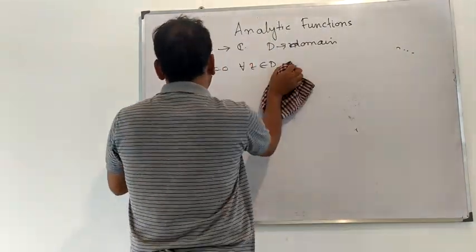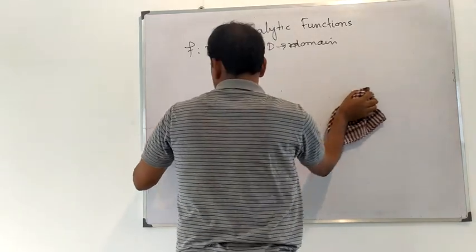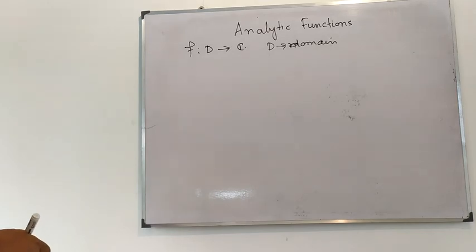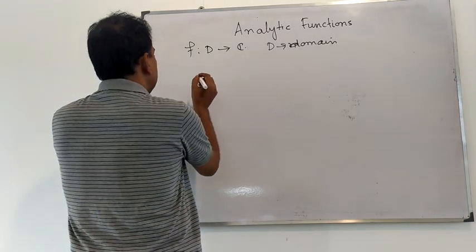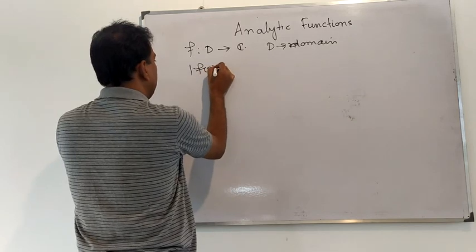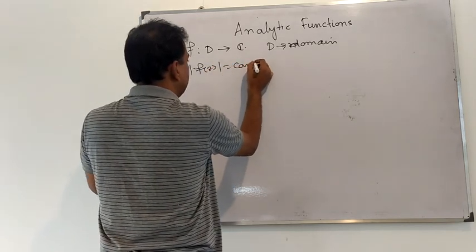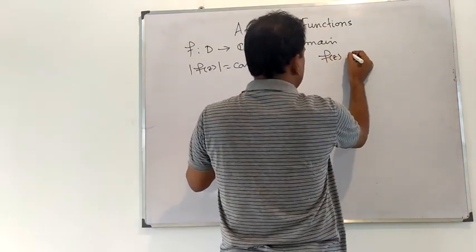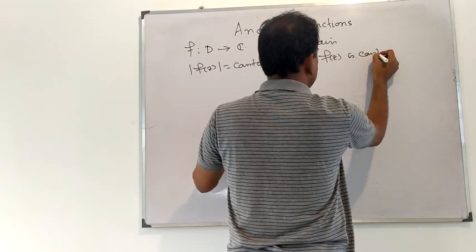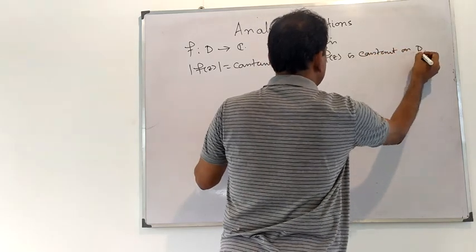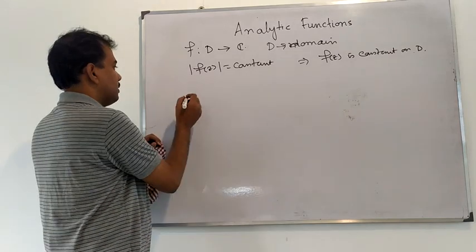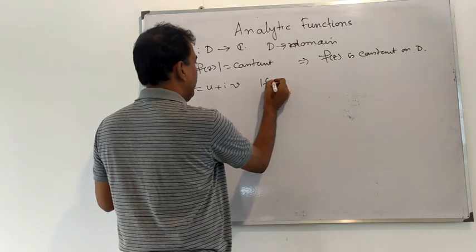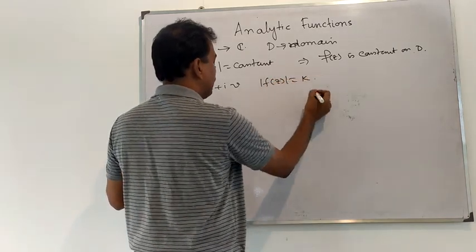Now we prove another result, where f is an analytic function on D and mod of f(z) is equal to a constant on D. Then f(z) is constant on D. Suppose f equal to u plus iv and mod of f(z) is equal to k, where k is a constant.